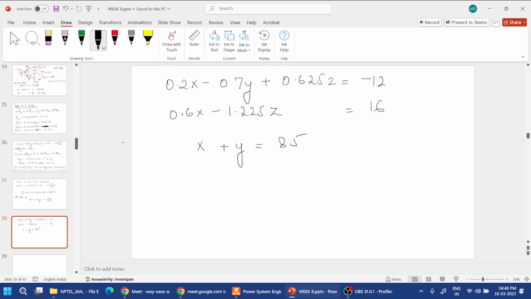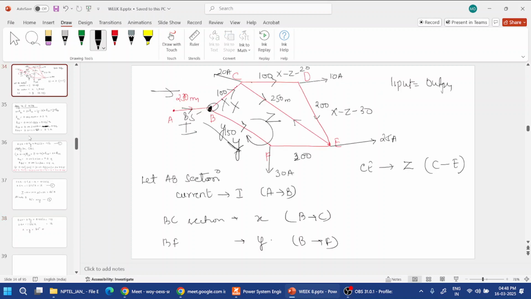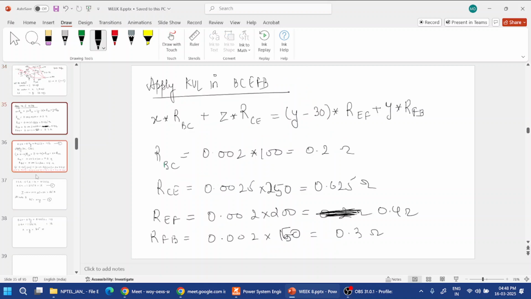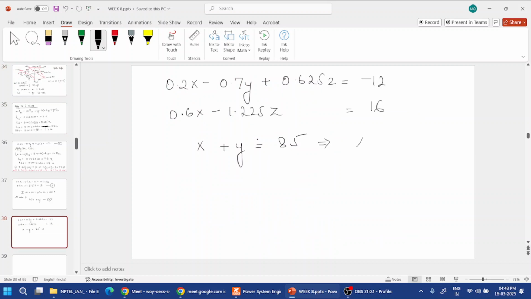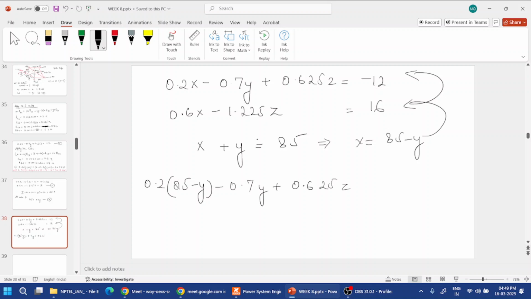Okay, we have to find the value of this z. So x is equal to 85 minus y. Put this in all these equations. So 0.2 into 85 minus y, minus 0.7y plus 0.625z is equal to minus 12. Let me calculate it. It is 17 minus 0.2y minus 0.7y plus 0.625z is equal to minus 12.